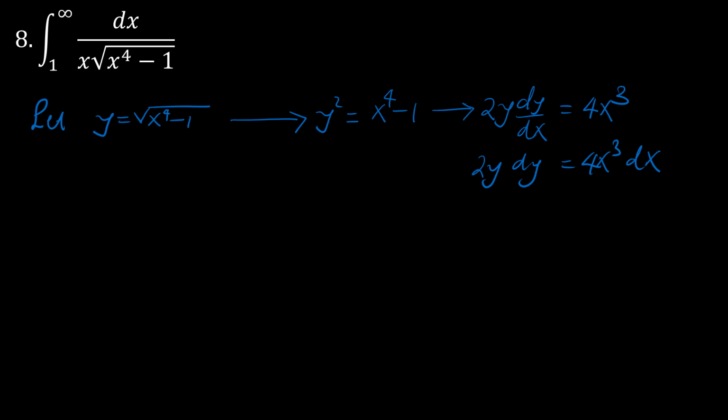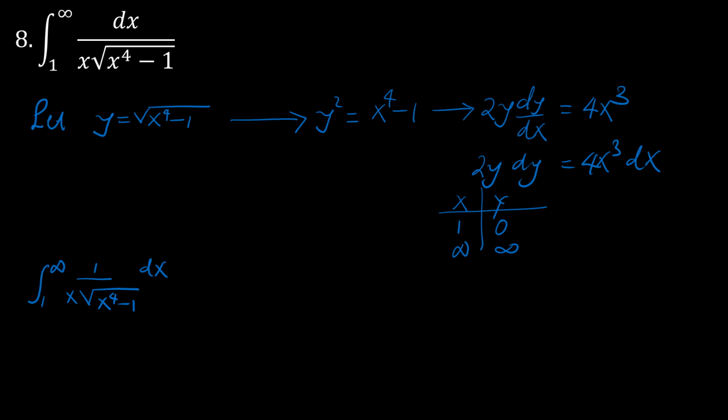And then our limits: as x is 1, that is 1 to the power 4 minus 1, y is 0. And as x tends to infinity, y would tend to infinity. So that our integral from 1 to infinity of 1 over x times the square root of x to the power 4 minus 1 dx.